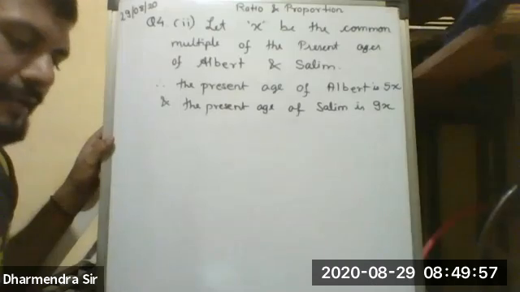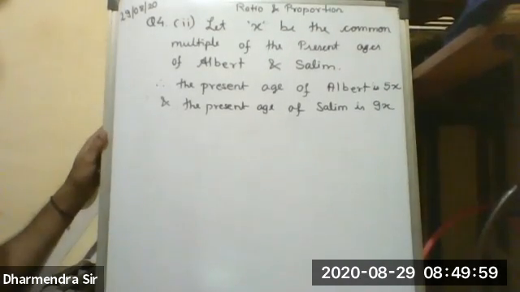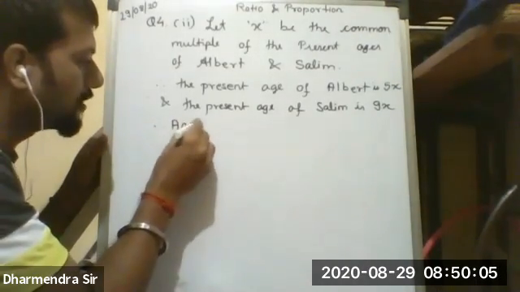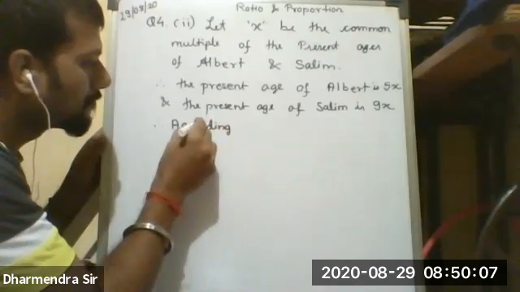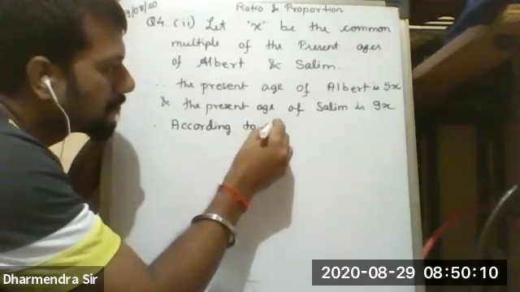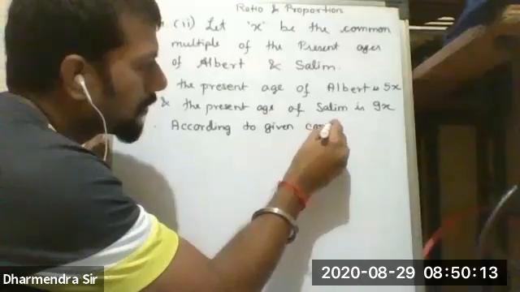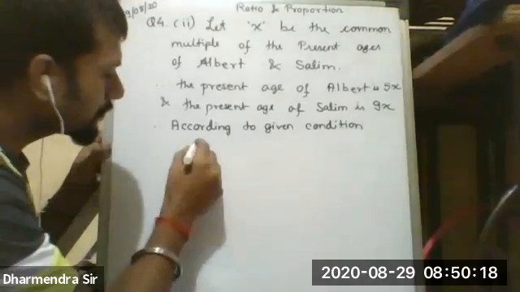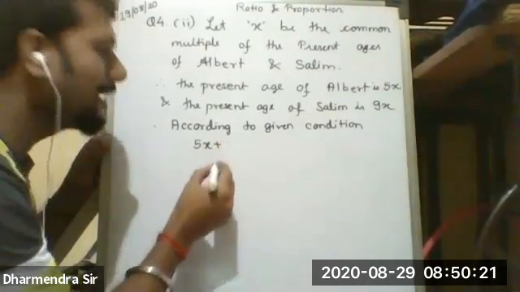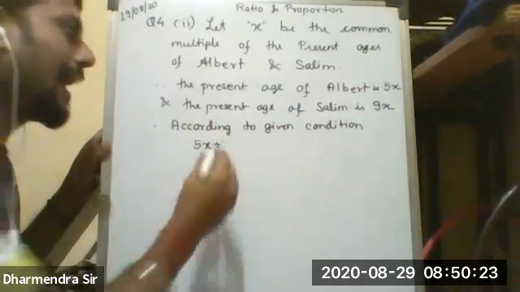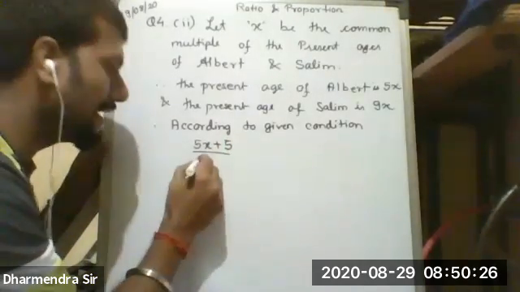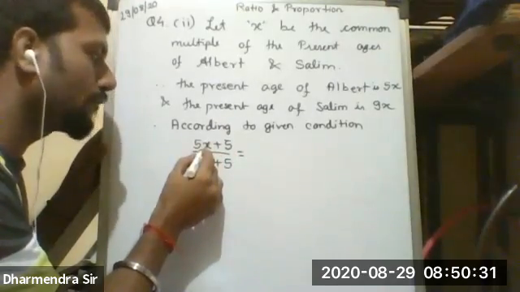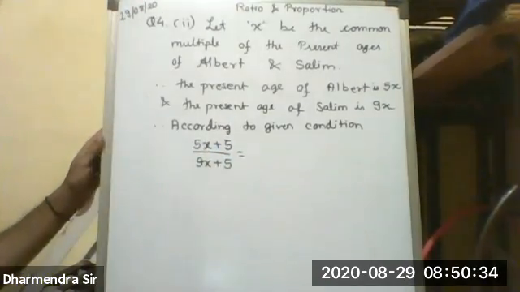Now, what they're saying, 5 years hence, meaning 5 years later. So after 5 years, according to the given condition, when we add 5 to their ages, the current age being 5x, I've added 5 to the present age of Albert, 5 to the present age of Salim.